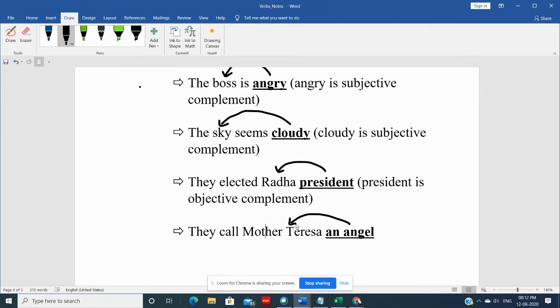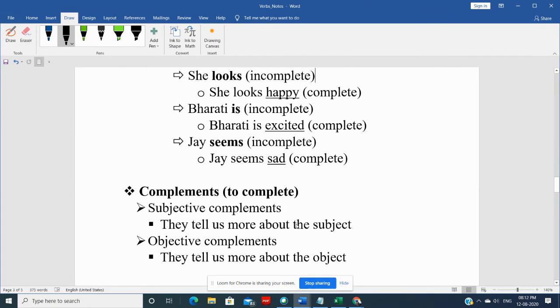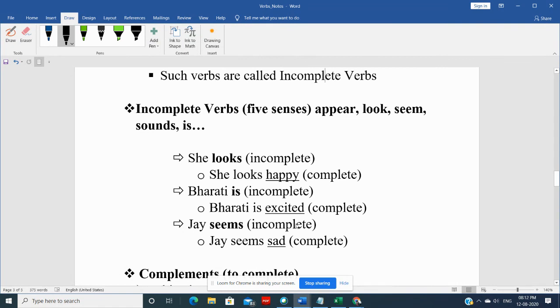So they call Mother Teresa an angel. An angel tells us about Mother Teresa, which is the object in the sentence. So this complement becomes an objective complement. This is how you can decide whether certain complements are subjective complements or objective complements. Again, let's look at this quickly.